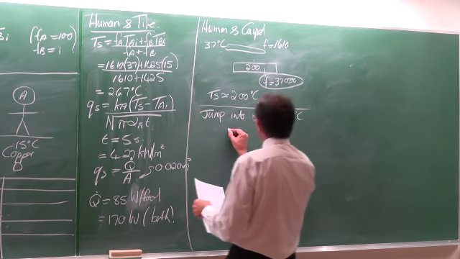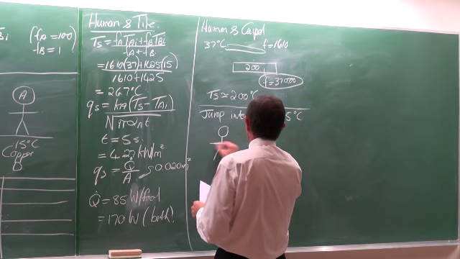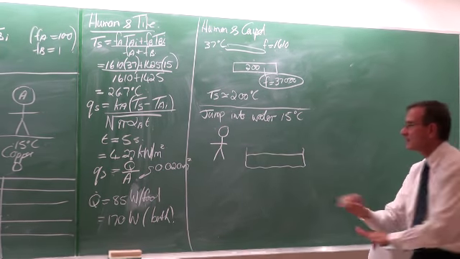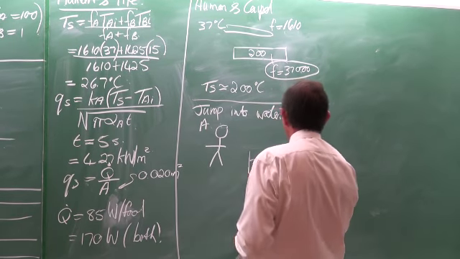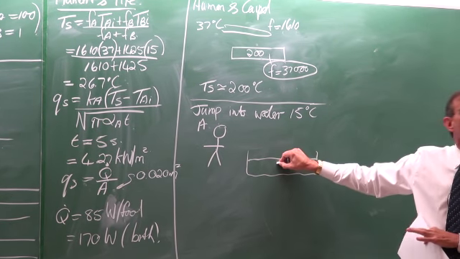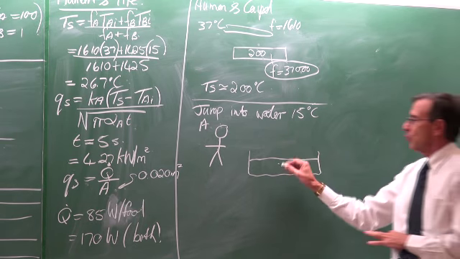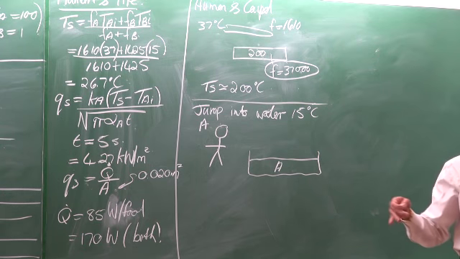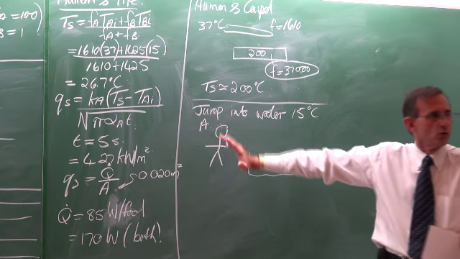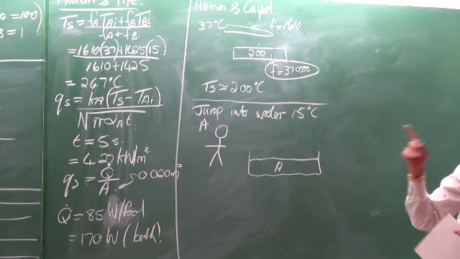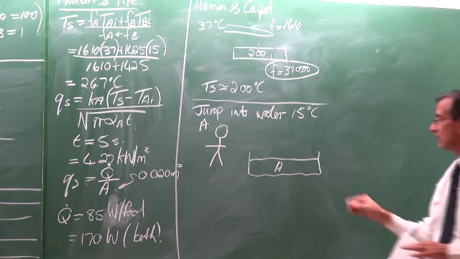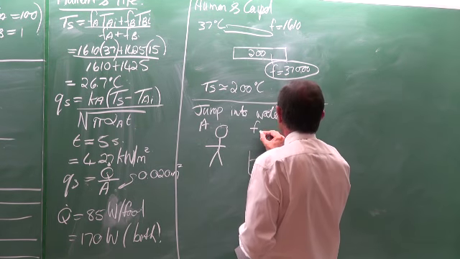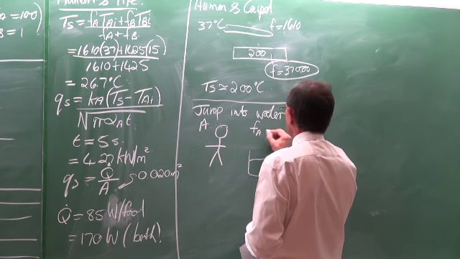Okay, so here you are, again, body A. And here's the pool. Obviously not to scale. Because the body is 80% water or whatever, and that's water, the two F values would be about the same.